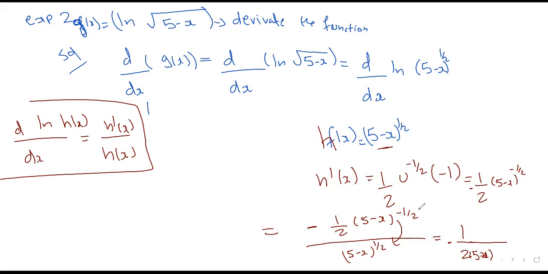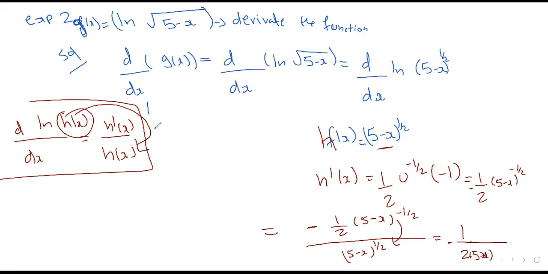So not to worry about it. All we know is that if we are given a natural log and it has something of x type, it could be x square, it could be anything, and we have been asked to differentiate it, this is the formula. Take this function in the denominator as it is, find the derivative of this, and write it down in the numerator.